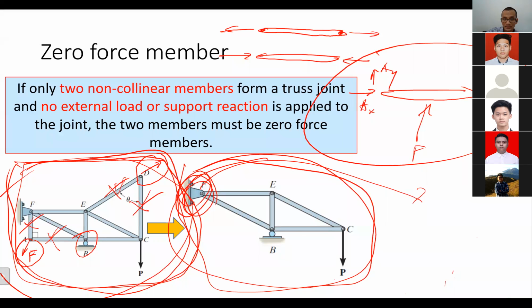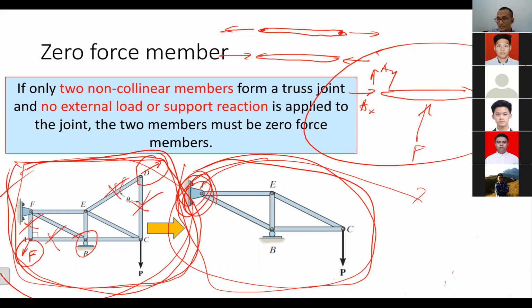For example, because of joint D we consider CD as a zero force member. Then at joint C there will be no effect of FCD. FCD will be zero, so we just delete it. Do you get it, Matthew? Yeah, sir. Thank you. Good.